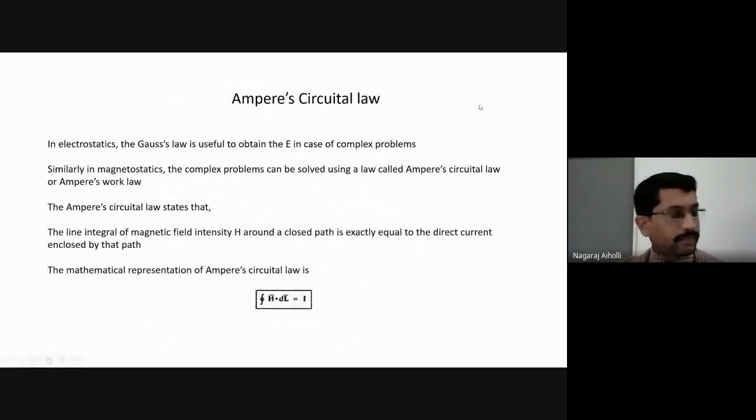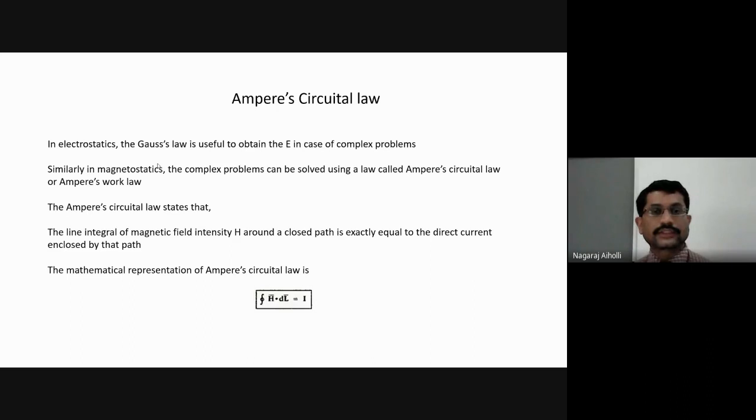Next topic is Ampere's circuital law. We know that in electrostatics, what all we have studied in module 1 and module 2, Gauss law is used for solving the complex problems and in determination of the electric field intensity E bar. Correct. Similarly, in magnetostatics, there is a law called as Ampere's circuital law or Ampere's work law, which is used to solve complex problems.